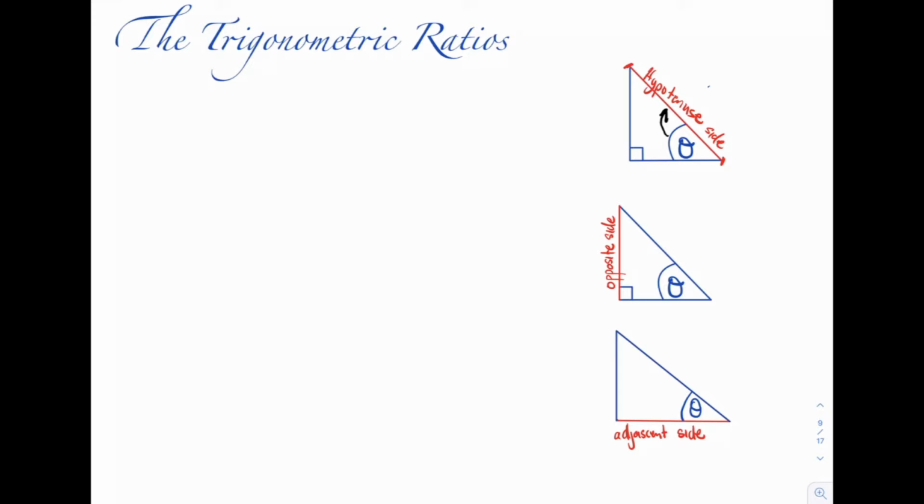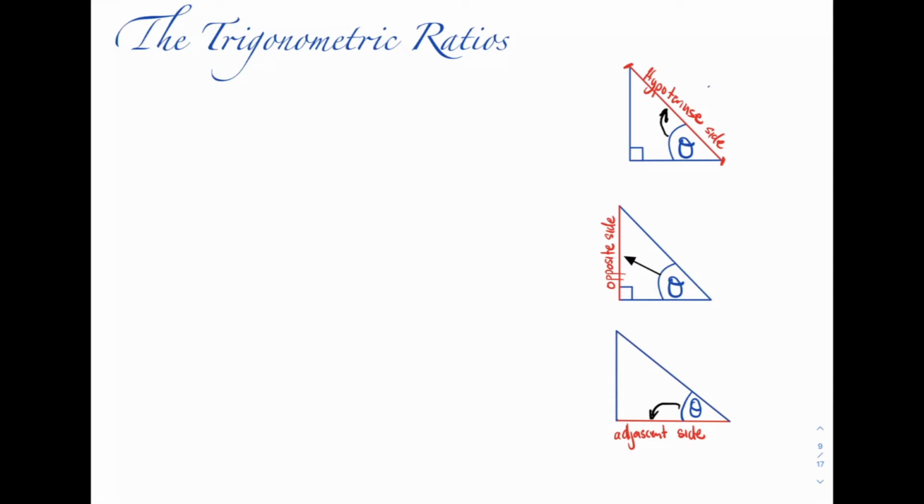We also see the opposite side, which is the side that is opposite to the angle, and the adjacent side, which is the side that is said to be adjacent to the angle. It is important that we understand how each of these terminologies play out with respect to the angle that we are looking at.